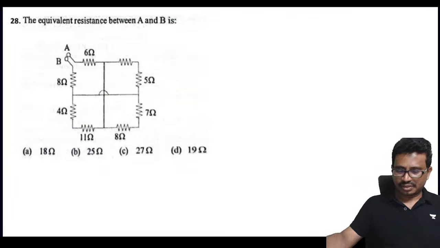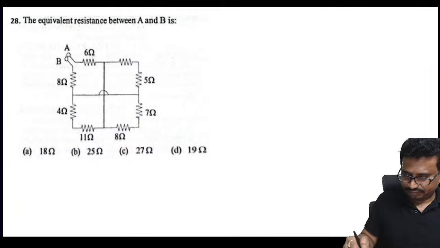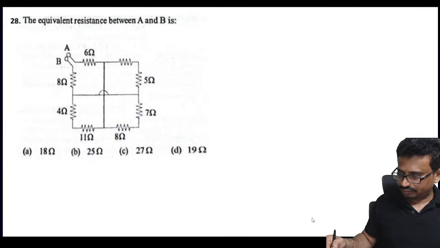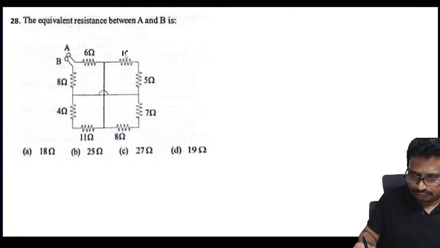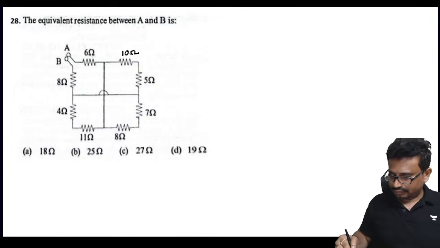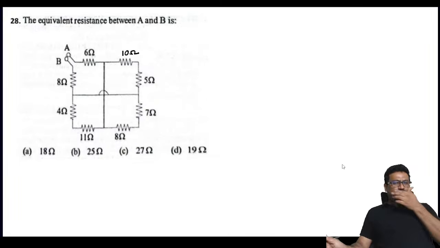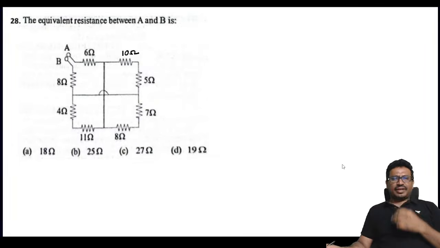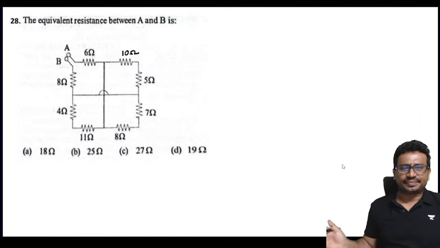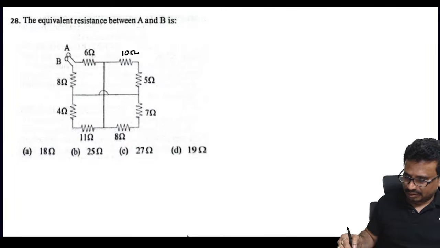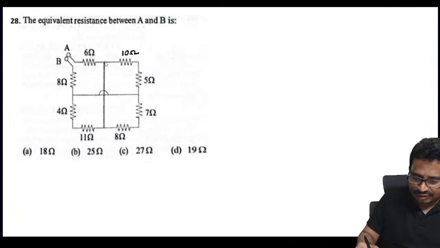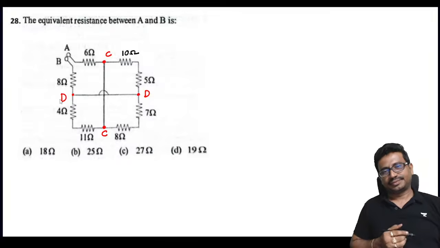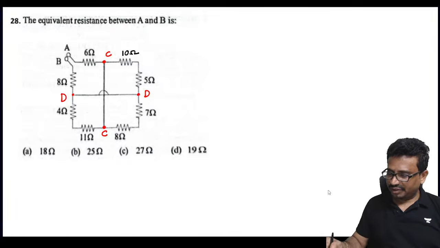Yes. Next one. The equivalent resistance between A and B. If I call this point C, this point is also C. This point is D, this point is also D. Now we will redraw the circuit.